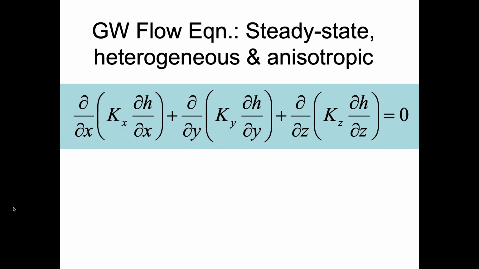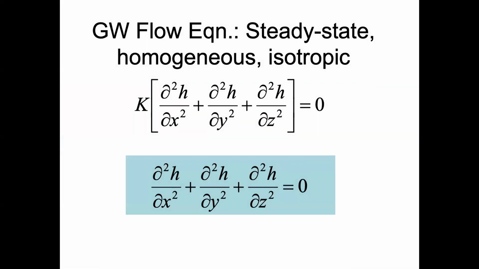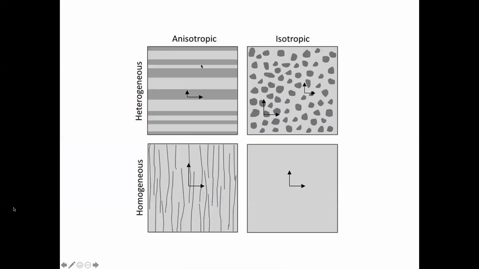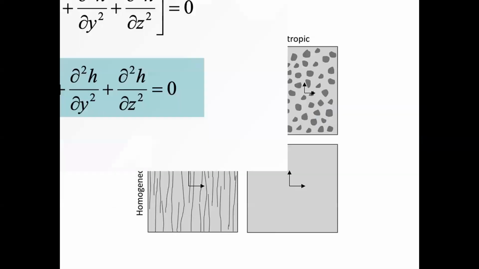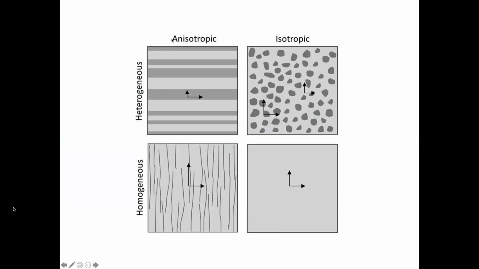So once more, let's go back and put this where it belongs. Now we're in this heterogeneous, anisotropic system. That equation would represent a steady state condition in each of these components.